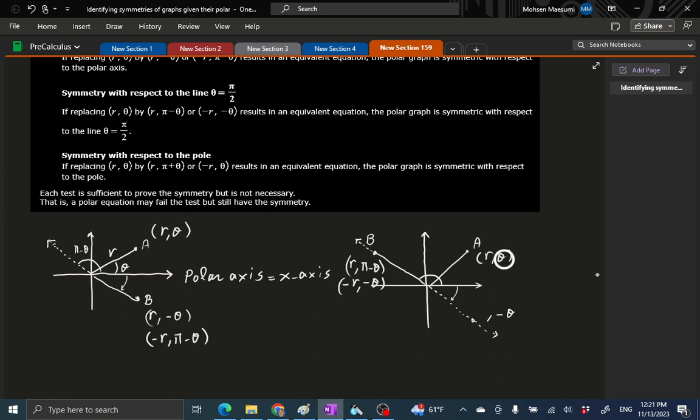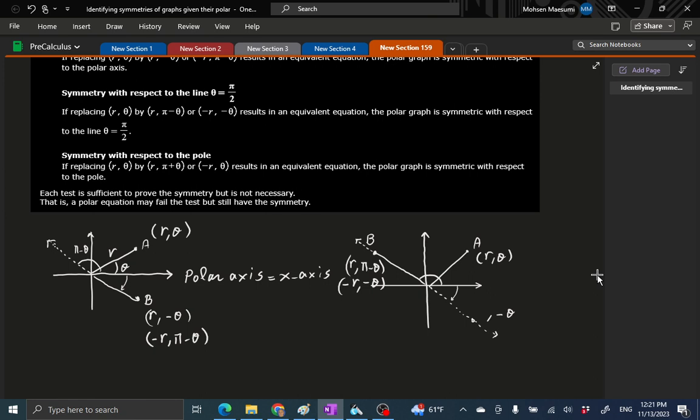So we take r and theta, replace it by r and pi minus theta. If it doesn't change, we say, okay, we have discovered symmetry with respect to theta equal to pi over 2. Round 2, we change r and theta to minus r and minus theta. If the equation doesn't change, again, we are legitimate in saying that it is symmetric with respect to y-axis.